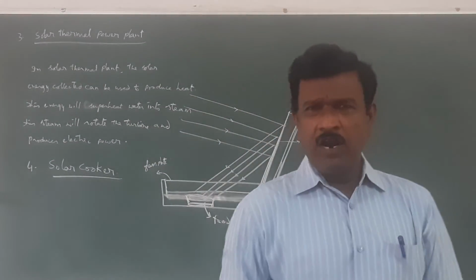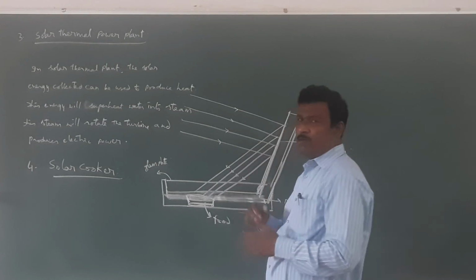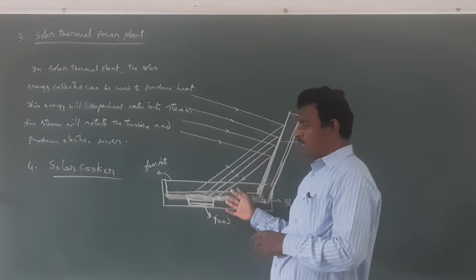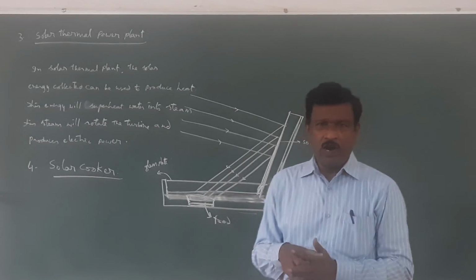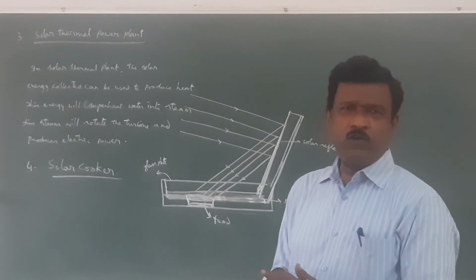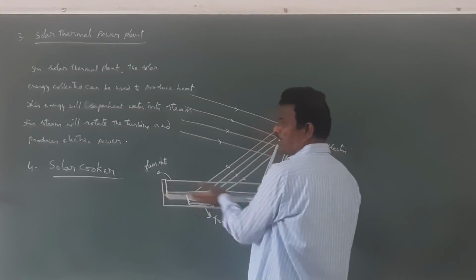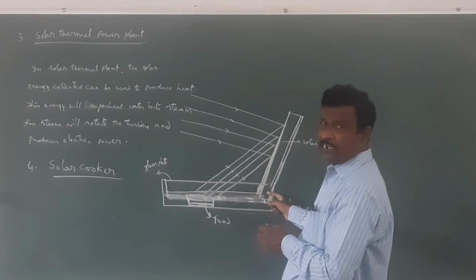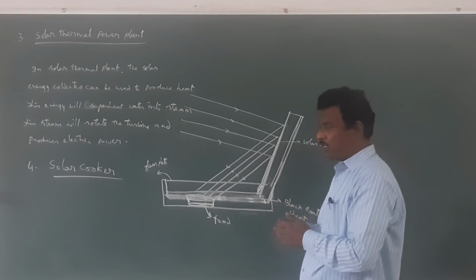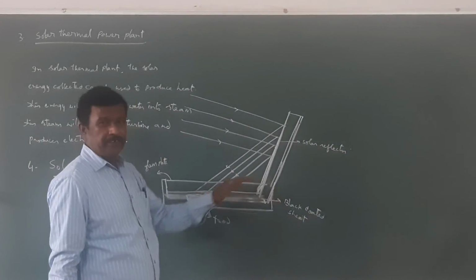Now, the solar cooker can be used for domestic purposes, for lighter heating tasks, such as boiling of milk, boiling of water, even for cooking food. It consists of a wooden box which is hinged at one end, and a glass plate is covered over the base.